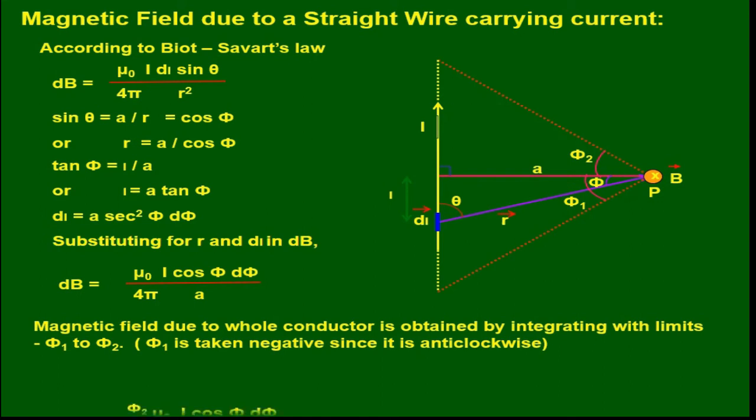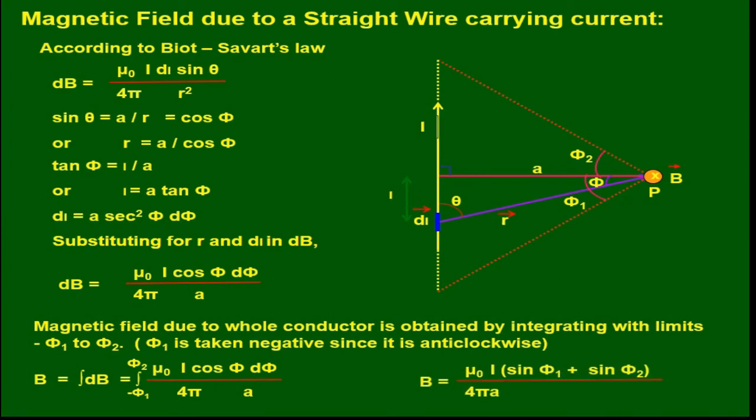Minus phi 1 because it is below the axis, and plus phi 2 because it is above the positive axis. So B would be equal to the integration of dB, from minus phi 1 to phi 2, mu naught I cos phi d phi by 4 pi a. So that would be the formula: mu naught I by 4 pi a, sin phi 1 plus sin phi 2.